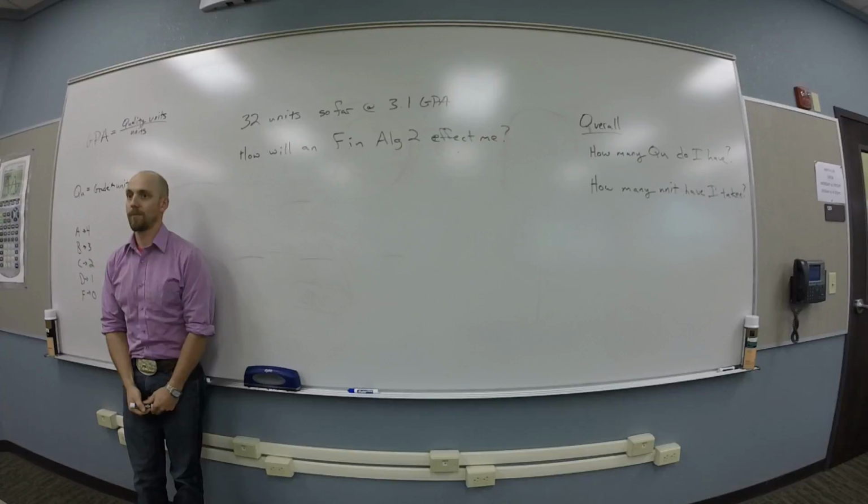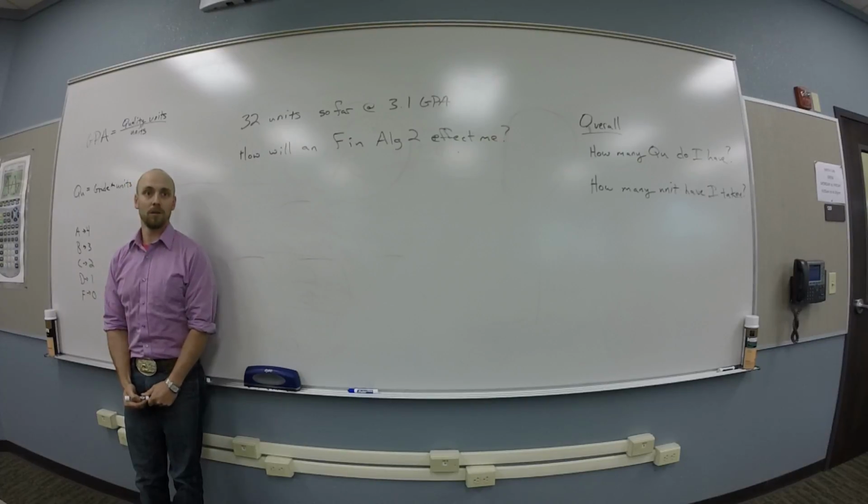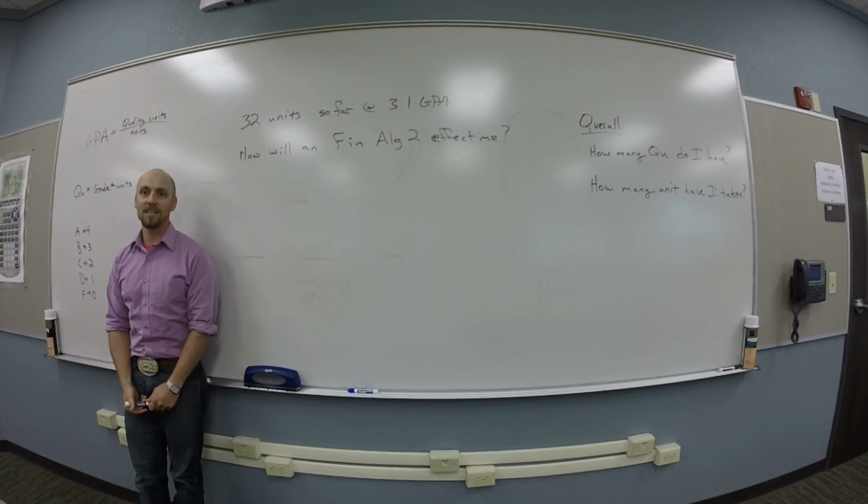So how many quality units do you have already? 32? You have 32 units. You have more or less 96 quality units. You guys see that?